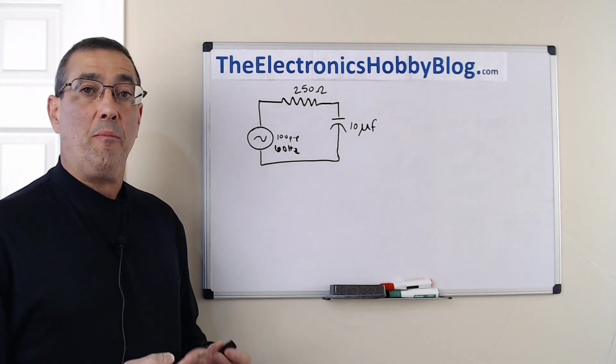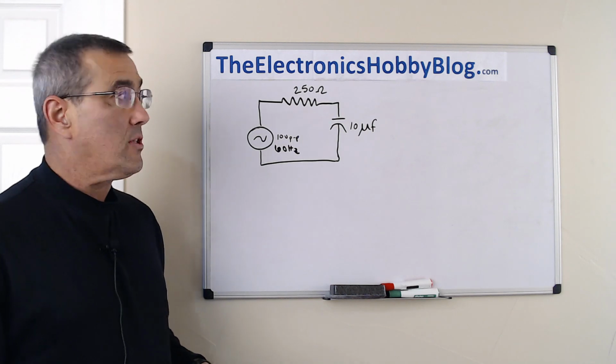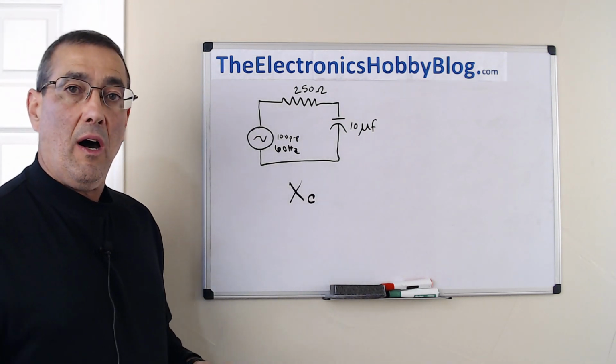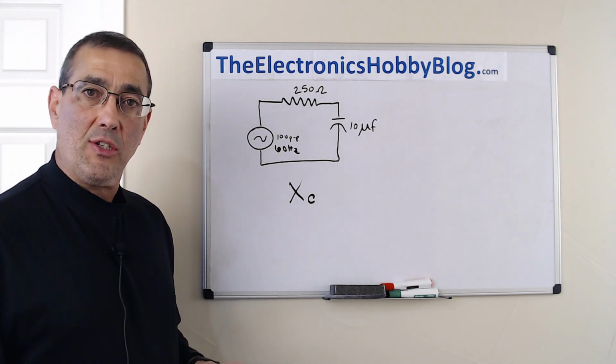And a capacitor's impedance, or reactance, X sub C, is a function of the frequency and the capacitance.